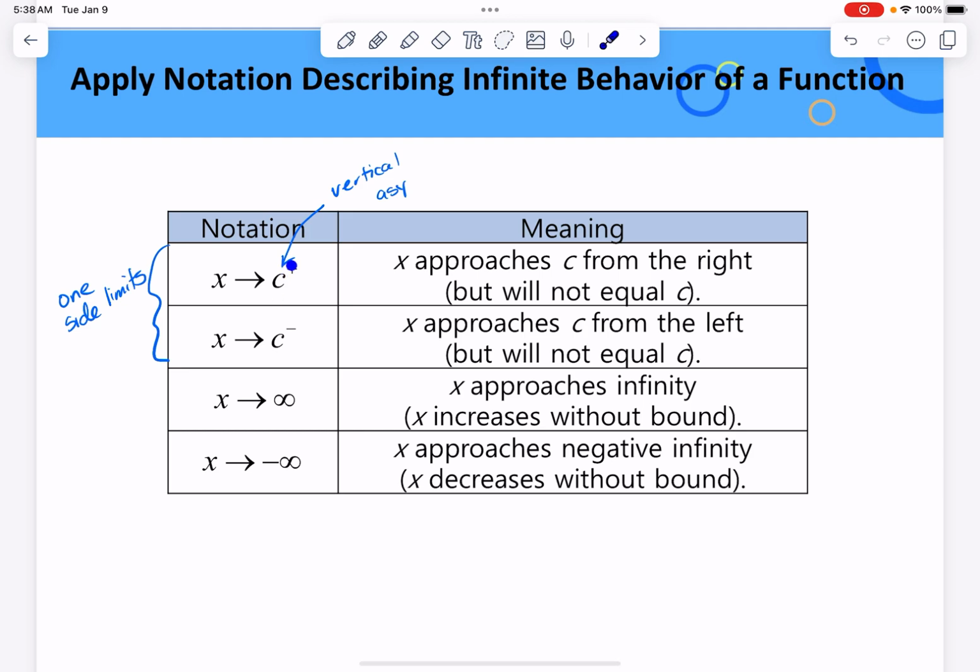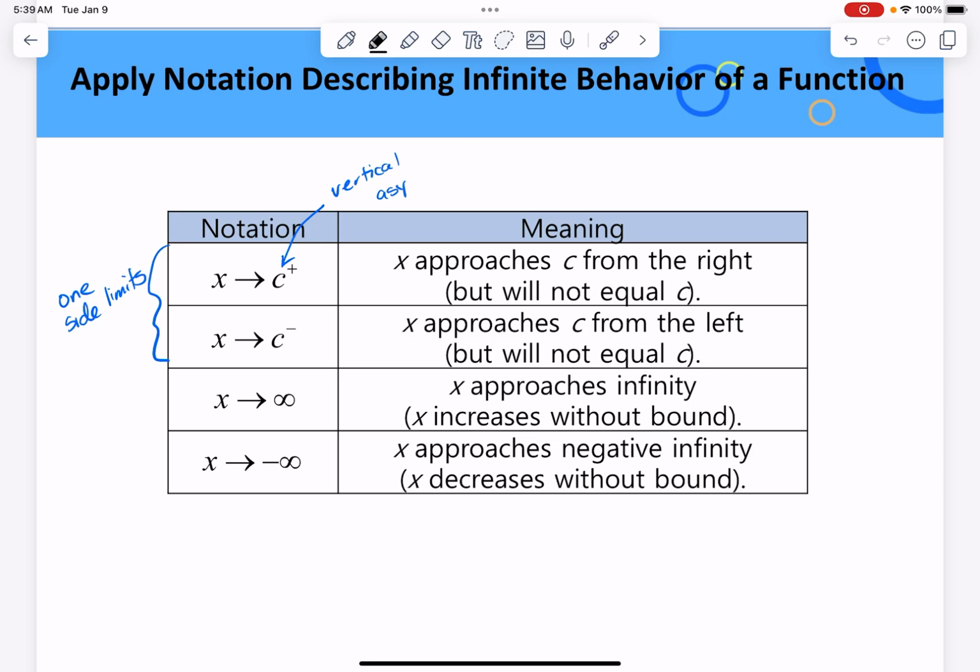That's what that plus means up here. So this is saying as x approaches that x value from the right. And then this one here, it says x approaches that x value from the left. Now that's going to be your one-sided limit. Sometimes you're going to have two because they are going to come in pairs, because you're going to look at the right and the left side.